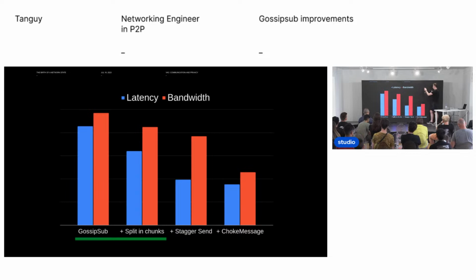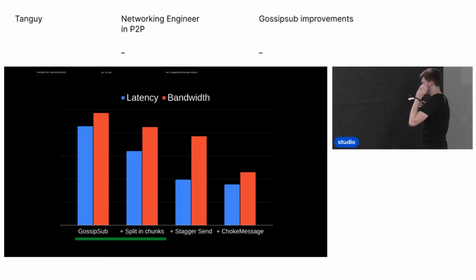And finally, the choke message, which is basically going to reduce our duplicates by half and speed it up a little bit, but not that much. So all in all, we got for free, because I had to work on it, so it's not free, but for free, basically, we reduced our latency and our bandwidth by half.